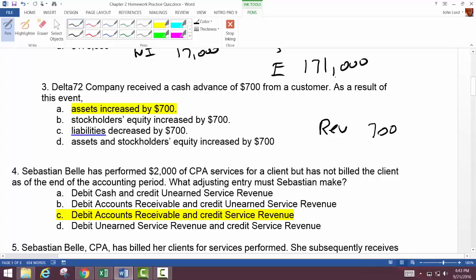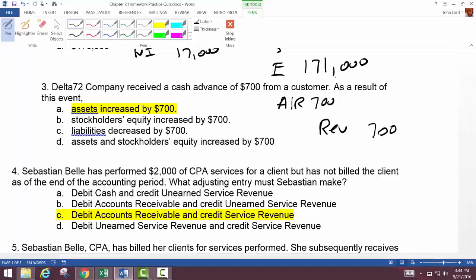The person doesn't pay me right away. Should I not take the revenue if they don't pay me yet? They tell me, hey, I'll pay you later. Should I not take the revenue? It's still revenue because I've provided the service, haven't I? Okay, so I can't debit cash, but I debit what? Accounts receivable for $700. I'm going to receive that money later, right? Accounts receivable is an asset, isn't it?